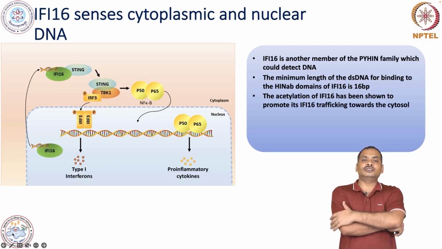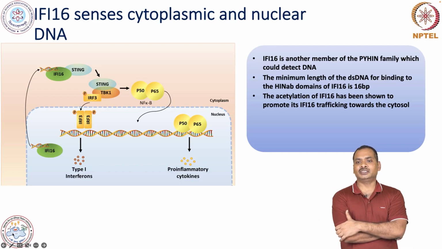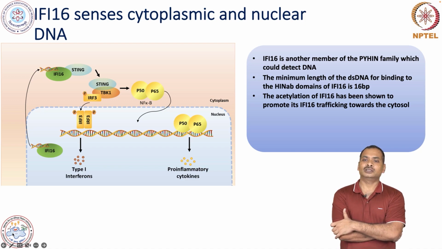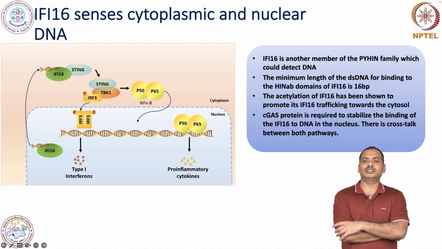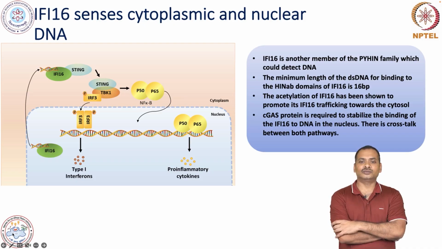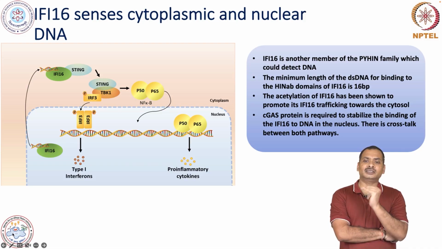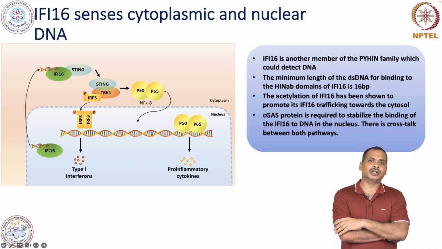The acetylation of IFI16 has been shown to promote IFI16 trafficking towards the cytosol, and cGAS protein is required to stabilize the binding of IFI16 to DNA in the nucleus, and there is a crosstalk between both pathways.